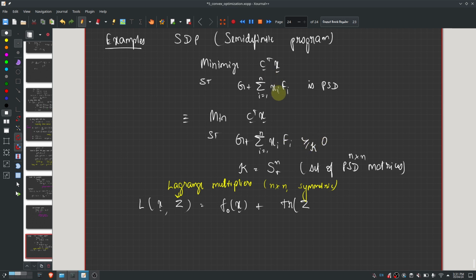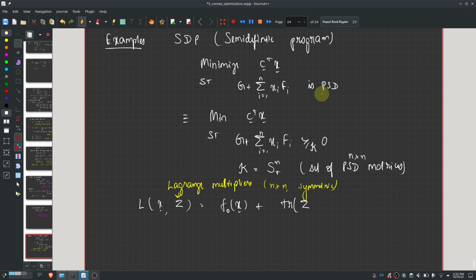Even if you think about this, my assumption of course is that each Fi is symmetric, correct? So how many constraints do I have? If I didn't have the constraint that the Fi's are symmetric, then I would have n square many constraints, because this gives me an n by n matrix, and I have some constraint in terms of positive semi-definiteness over here. Loosely speaking, you can think of it as n square many constraints.